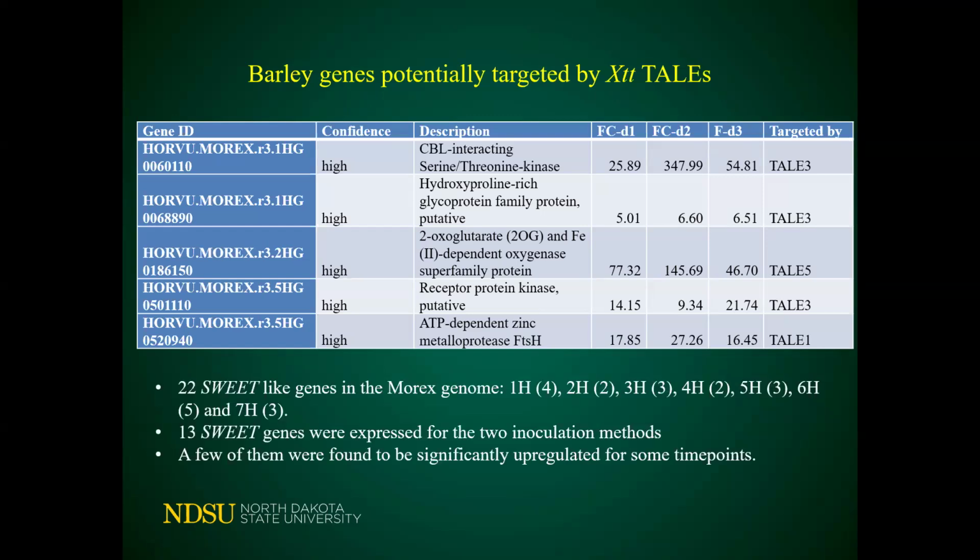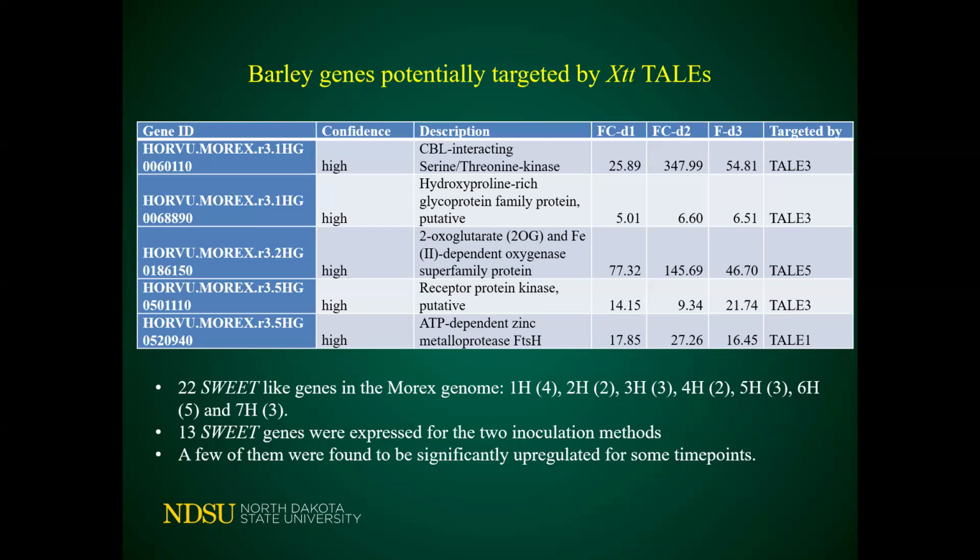In rice bacterial blight, they found the SWEET genes very important because they are targeted by those TAL effectors, leading to the disease. We also searched the barley genome, and they found about 22 SWEET homologs, distributed on different chromosomes.